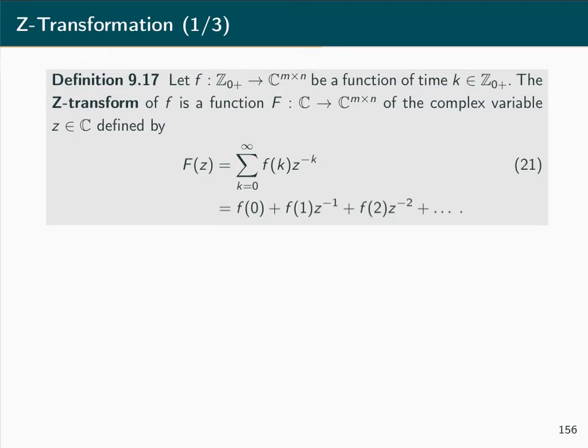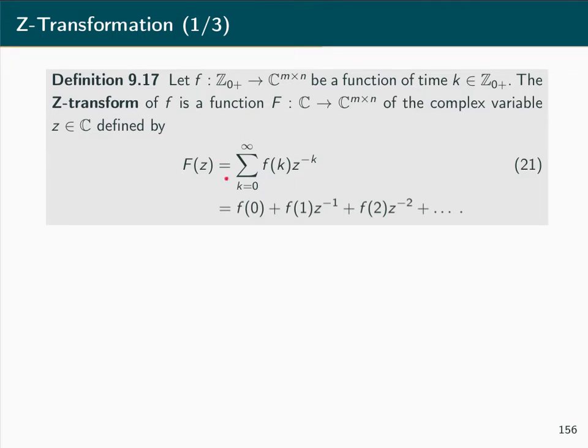The function f is valued by a general m by n complex matrix, and the z-transform of f is then a function capital F, which maps from a complex frequency domain variable, again into the space of complex m by n matrices, and it's defined by this infinite sequence shown in equation 21, where the complex frequency variable is denoted as z, and F of z is equal to the sum from k equals 0 to infinity of the function f of k multiplied with z to the minus k.